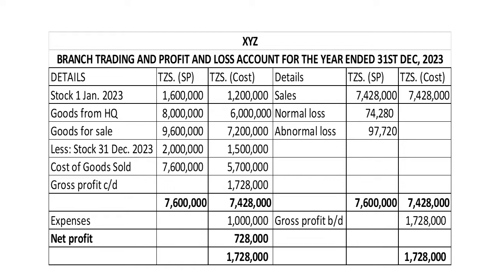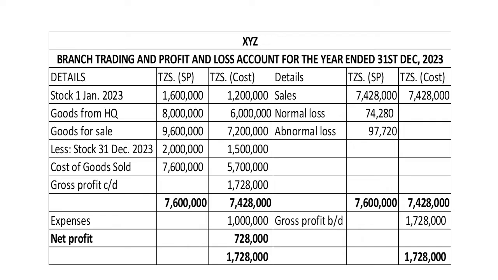So if we take the stock at the first of January, opening stock is 1,600,000 at selling price. Its cost is 1,200,000. So if we take 1,200,000 as cost and we want its selling price, we add 33 and 1/3%.